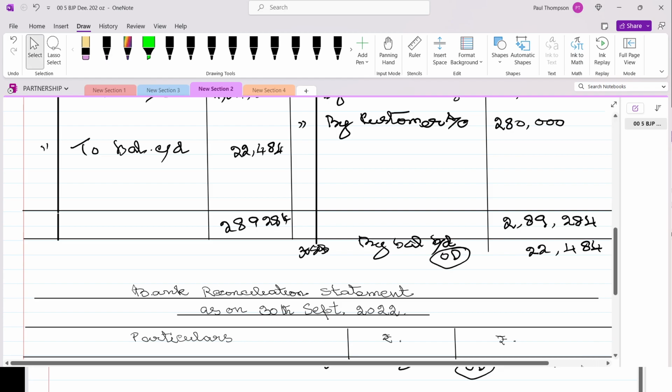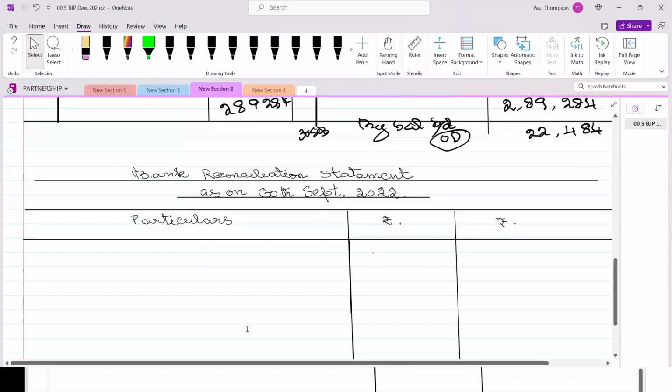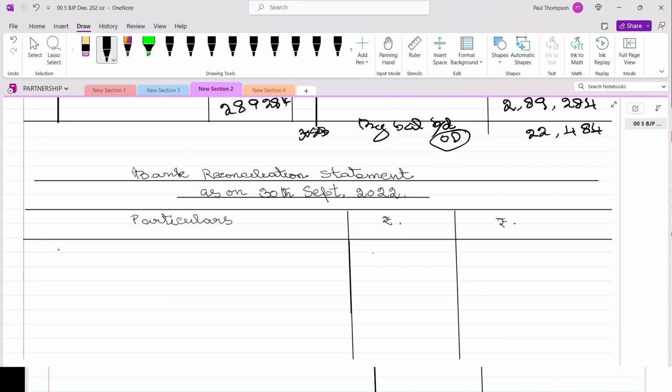Okay, now let us do the bank reconciliation statement. So first thing is that we are going to write balance as per cash book. You need not worry about what we have to do. Simply you write like this.